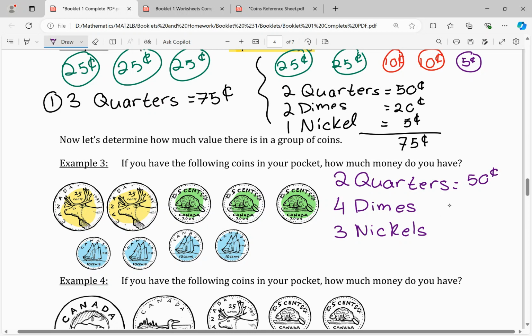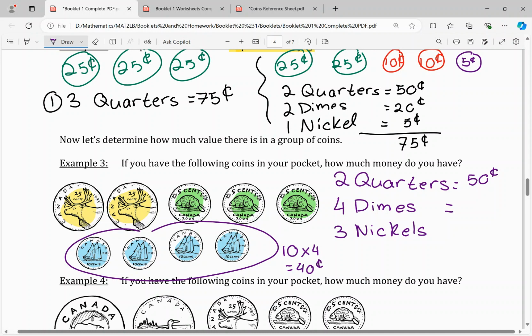Since each dime is 10 cents, using a calculator or in your head, you need to figure out 10 plus 10 plus 10 plus 10. Or you could just do 10 times 4. Is 40 cents. Okay, that's a faster way of doing it.